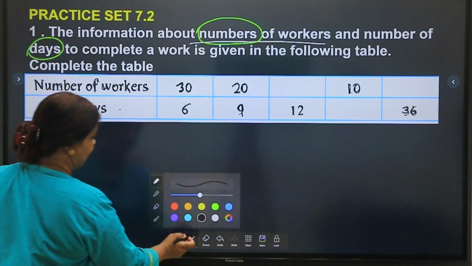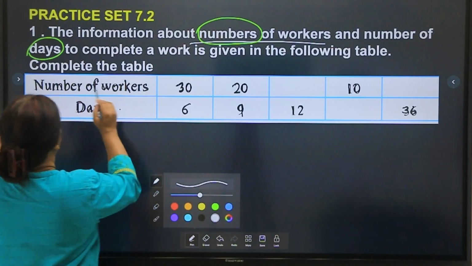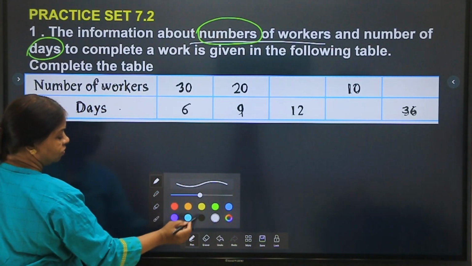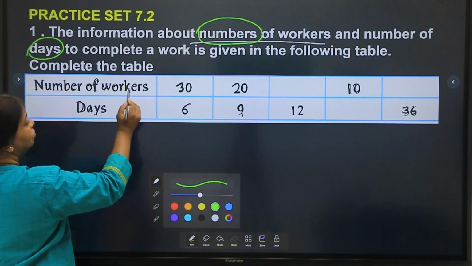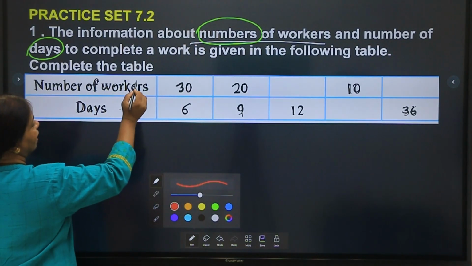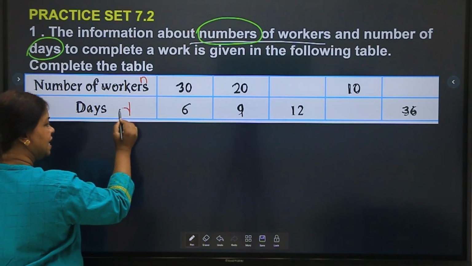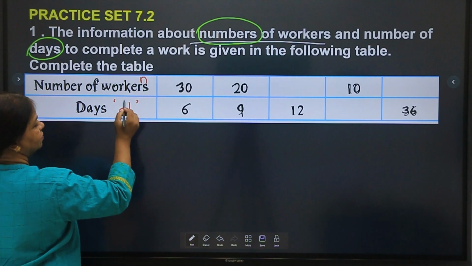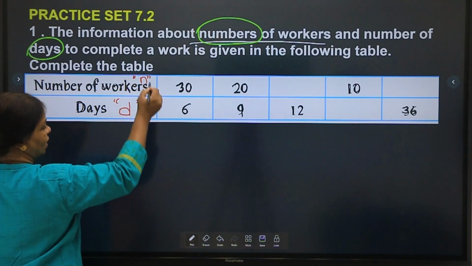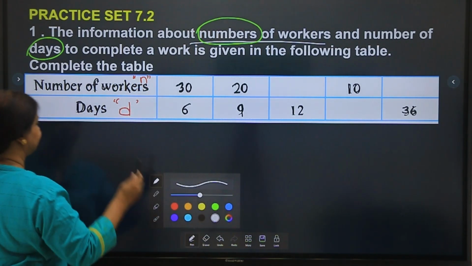So we can say, let the number of workers be n and the number of days be d. Let's write it here.